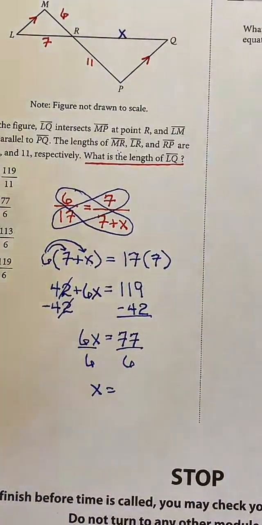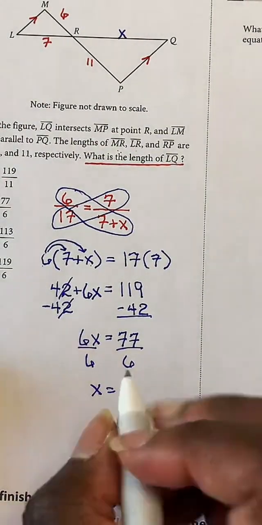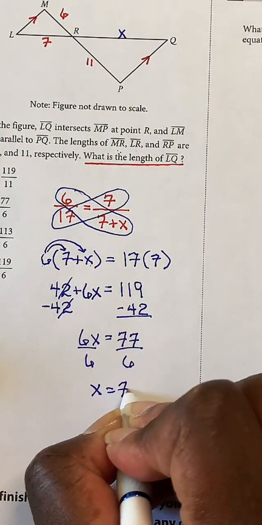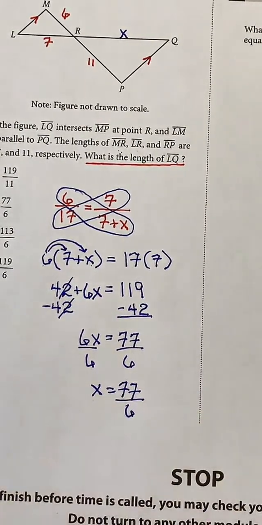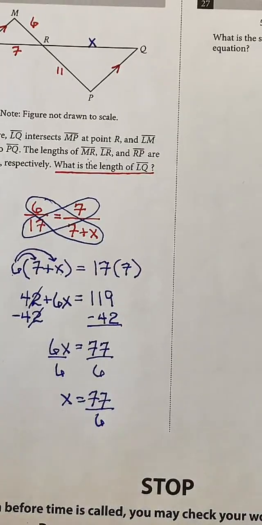What did we just find? I'm going to keep it as 77/6. What did we just find? Thank you, Trip.